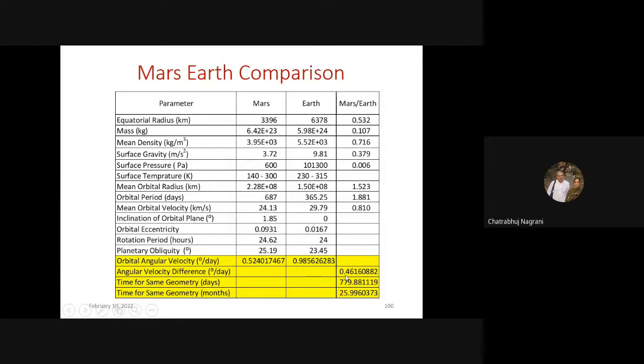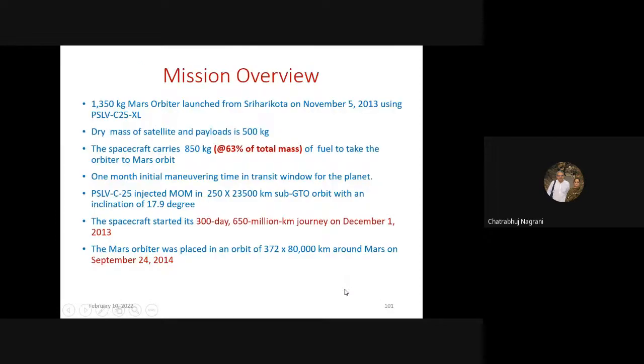It is 0.46 degree per day. Whatever geometry I have will repeat when the difference covers a total of 360 degrees. At 0.46 degree per day, the same geometry returns after 779 days, and that is 26 months. So I have to wait for 26 months. That is why this date was sacrosanct, and we launched it.